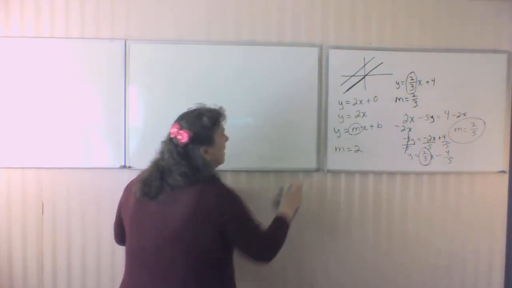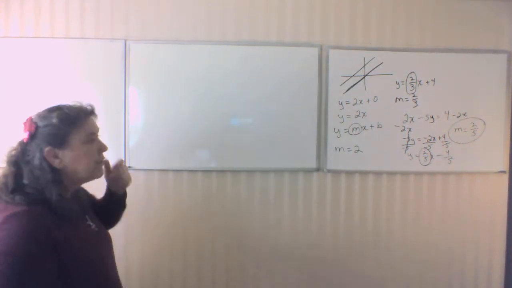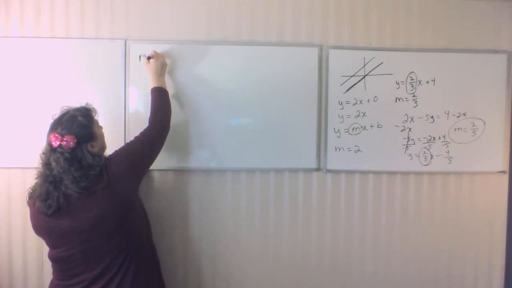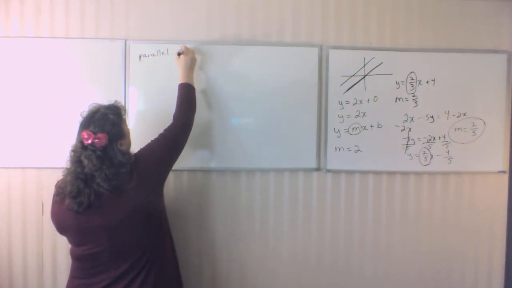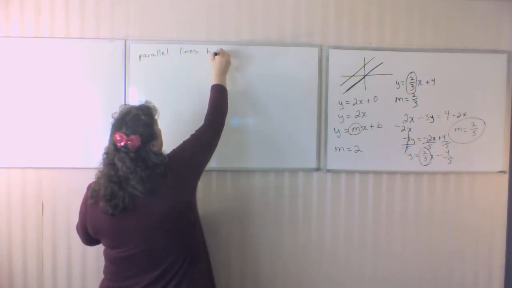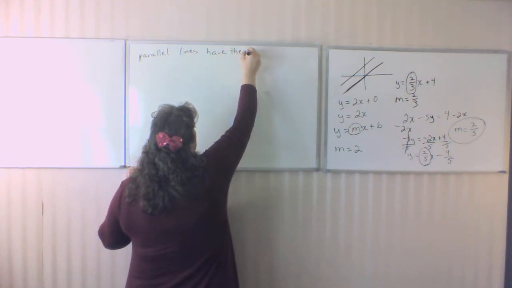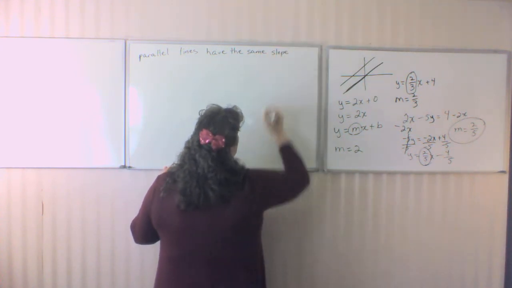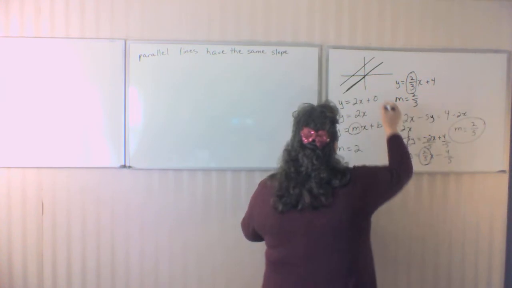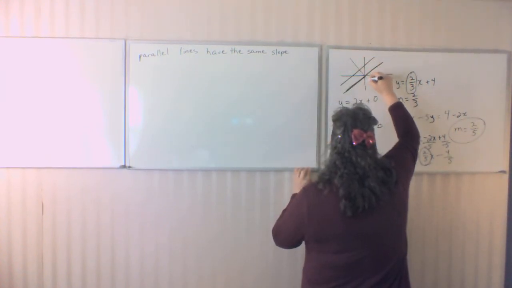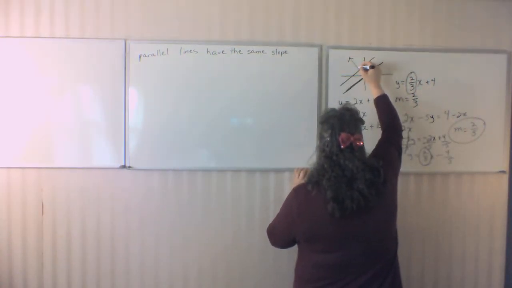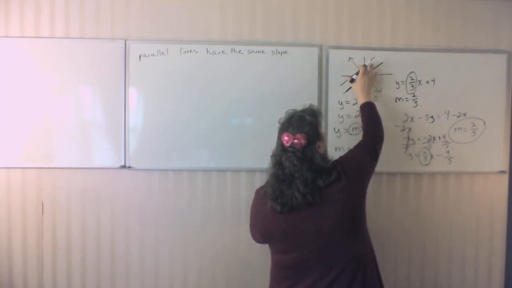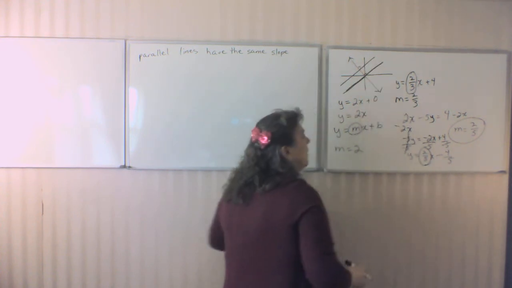Perpendicular lines have opposite reciprocal slopes. So over there, parallel lines have the same slope. Okay? Now, if I were to draw a line that was perpendicular to this one, this line's slope is the opposite reciprocal of those two lines.